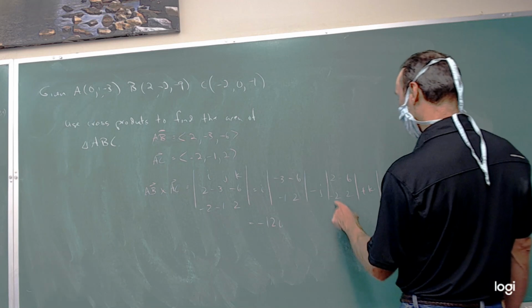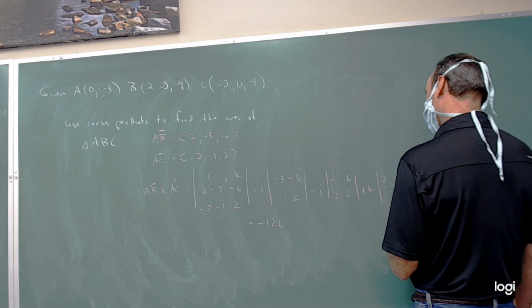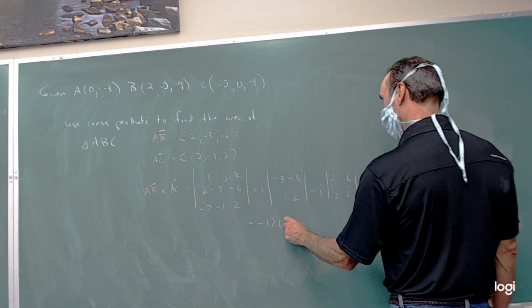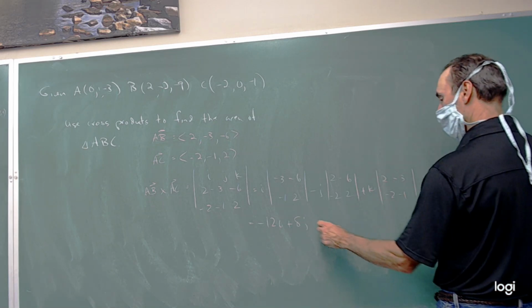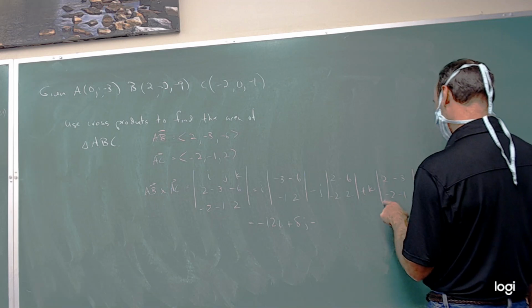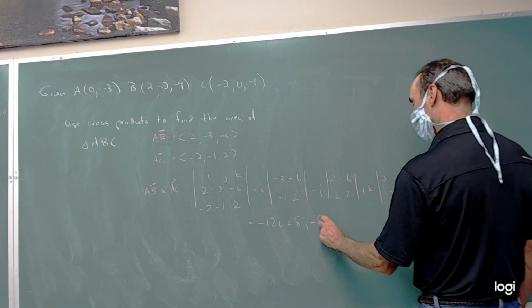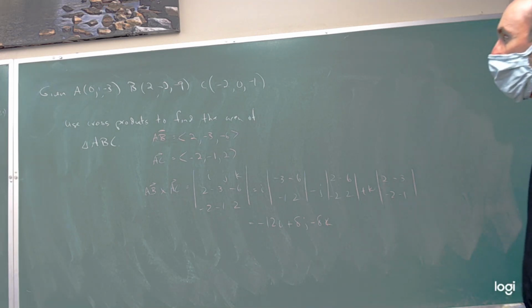Negative 12i, is that right? Minus 12 is 8j. Yep. Doing the minors part's pretty easy now. You just might have to look at the different sections. And you know what the sections are, so it's pretty smooth.